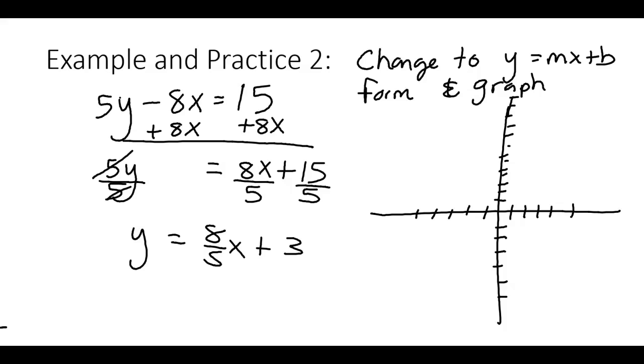All right, so it should look like this. You start at 3, you rise 8, and run 5. Looks something like that.